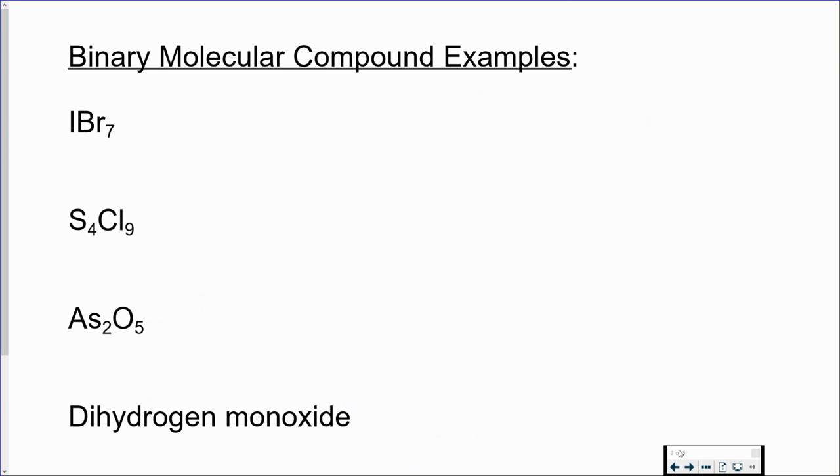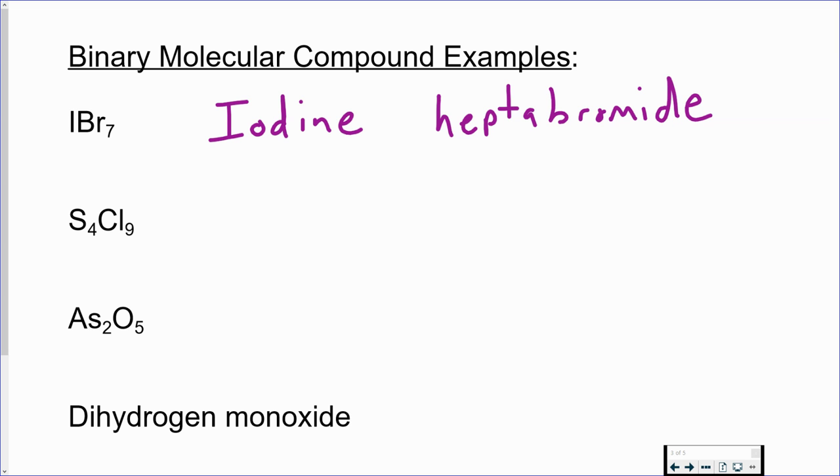Let's go ahead and try some of these. I is iodine, so you're going to write iodine. 7 is hepta, so we'll write hepta. Bro, and now instead of bromine, it's bromide.